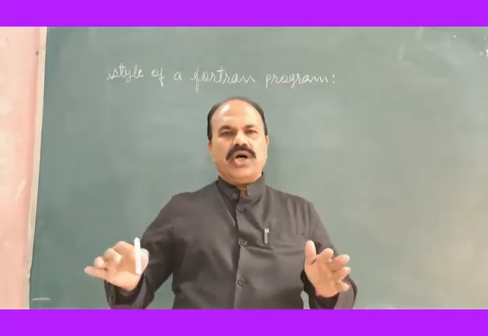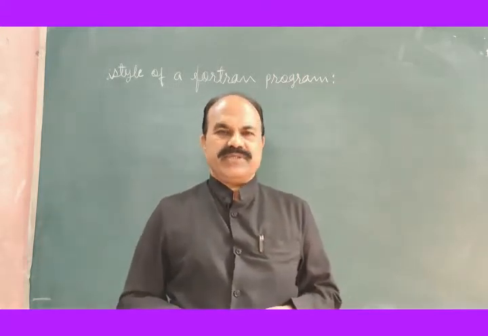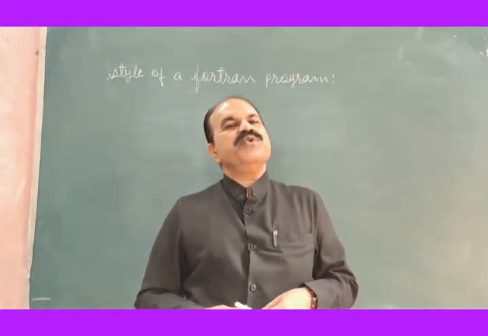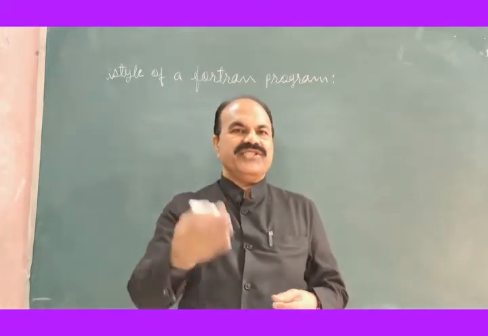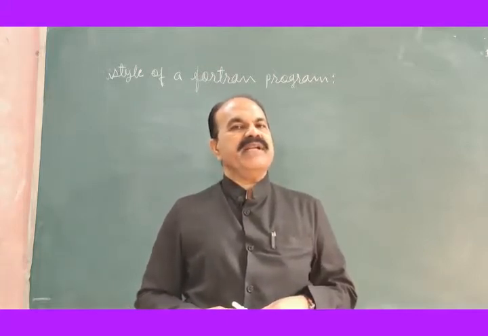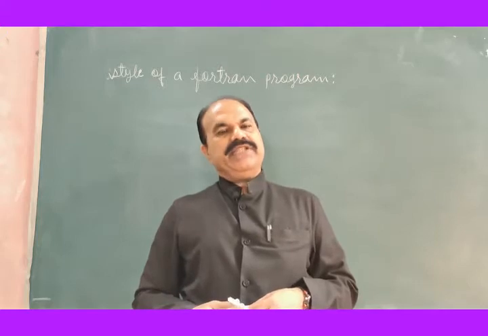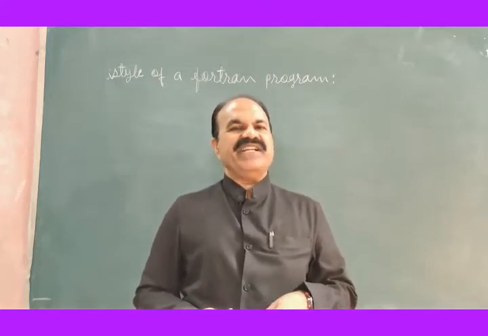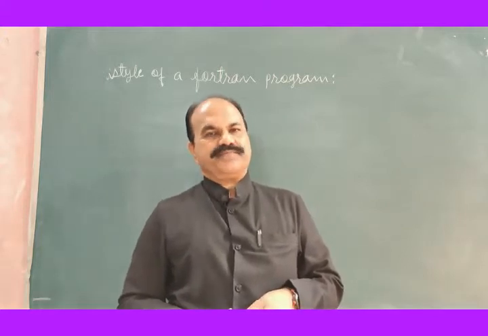Of course, all statements are not numbered. The statements which are to be referred later in the program are only given statement numbers. The statement numbers at the most may be 5 digits long.